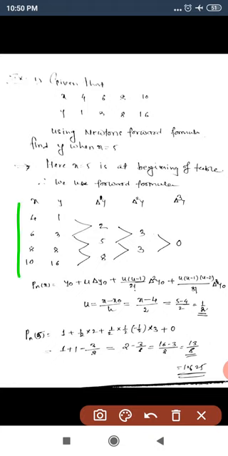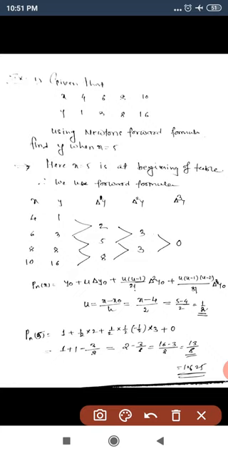Now the first difference is 3 minus 1 is 2, 8 minus 3 is 5, 16 minus 8 is 8. That is the first difference. Now 5 minus 2 is 3, 8 minus 5 is 3, 3 minus 3 is 0.